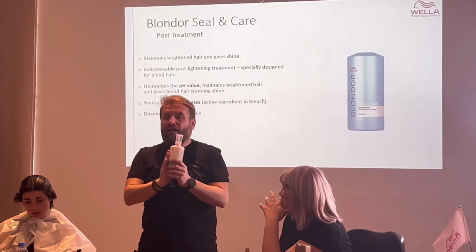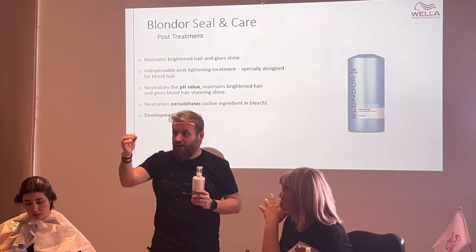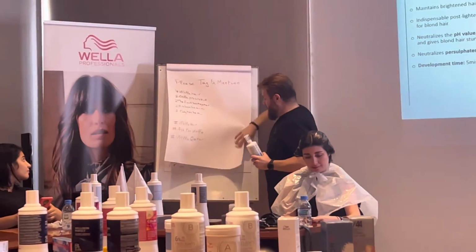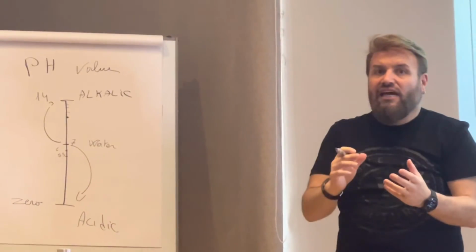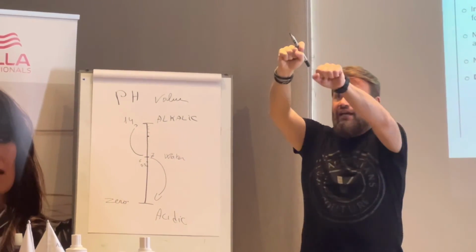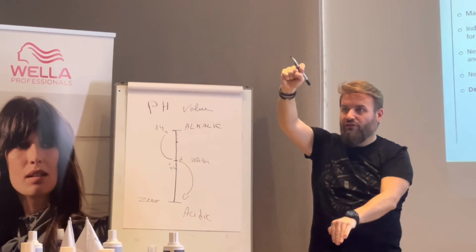Why? In Wella Plex we don't have this issue. I will explain why. With this Wella Plex, in this case, the product performance starts to lift and the pH in the Plex product is getting down.